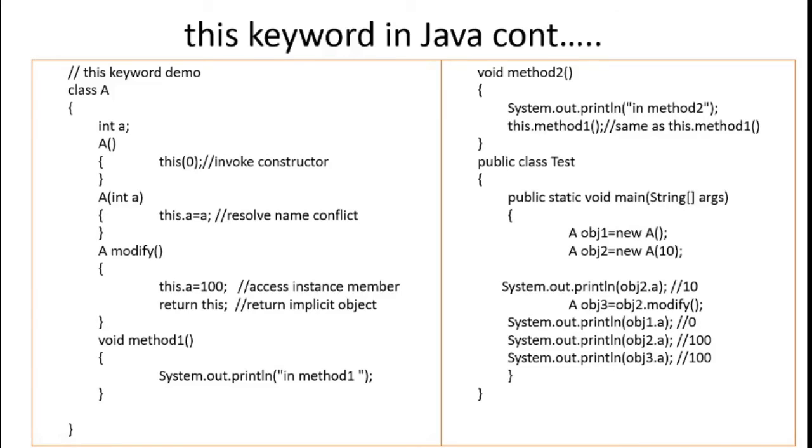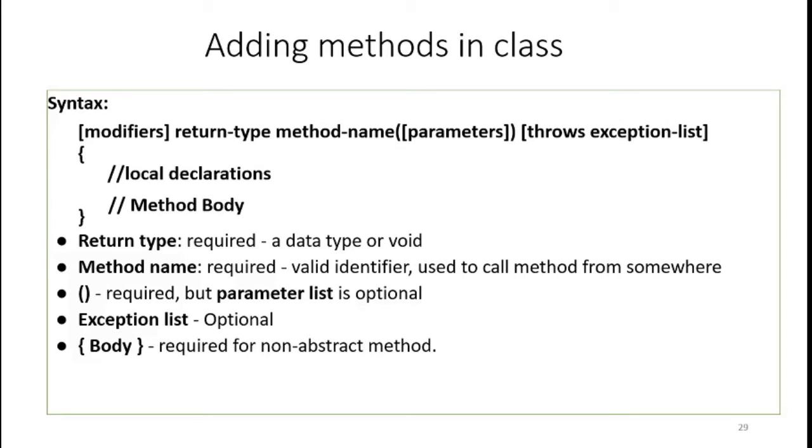The next concept is adding methods in the class. Now you know the syntax of the method. We are just going through the syntax quickly. So here the first one is the modifiers. It is given in square brackets, that means it is an optional part. You may not specify the modifiers, but you have to mention the return type and the name of the method.